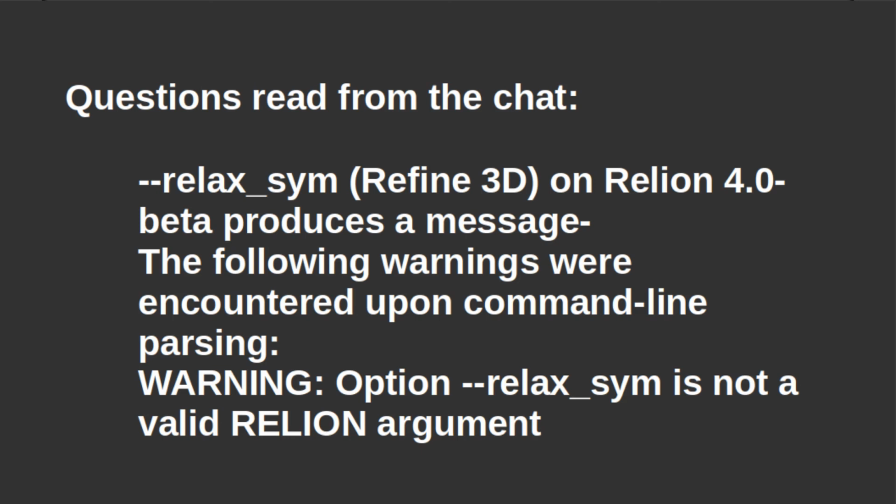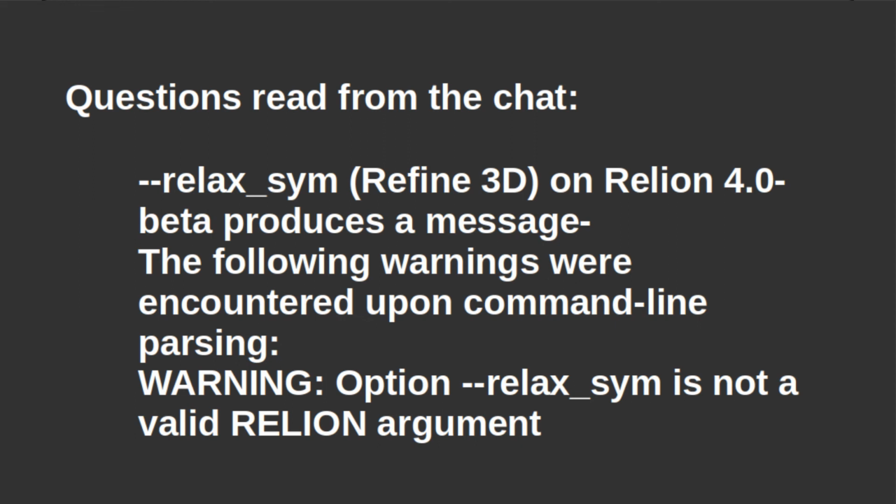Well, you can see the questions in the chat. Yes, then I can see Serban's question, relaxed symmetry produces a message. So relaxed symmetry wasn't done by ourselves. I think this was a pull request from somebody else, from people from Huiskenen's group.